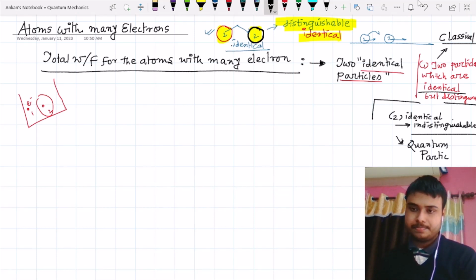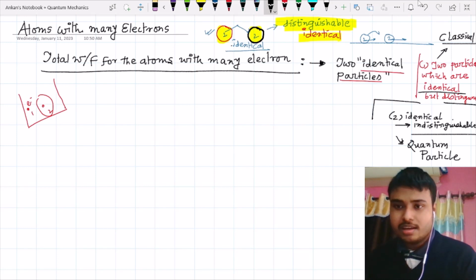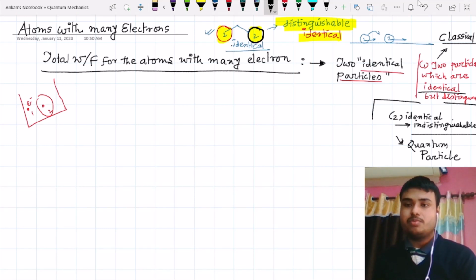You will notice this fact again when we discuss statistical mechanics. There we can classify the statistics into classical statistics, in which Maxwell-Boltzmann statistics lies, and quantum statistics, in which Fermi-Dirac statistics and Bose-Einstein statistics fall under the group.